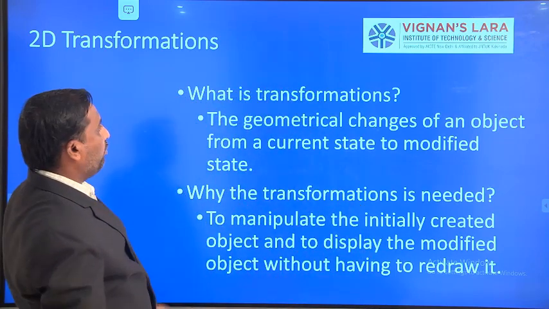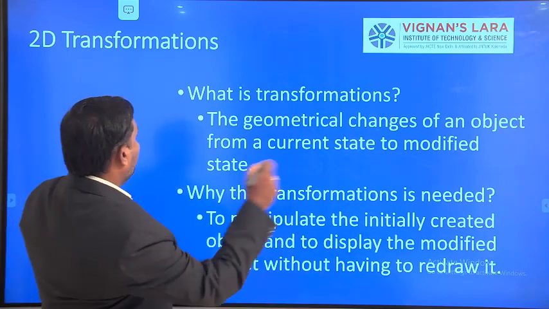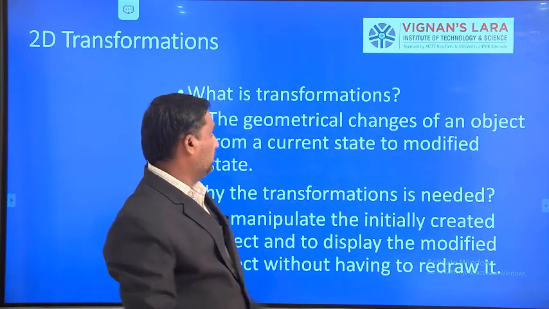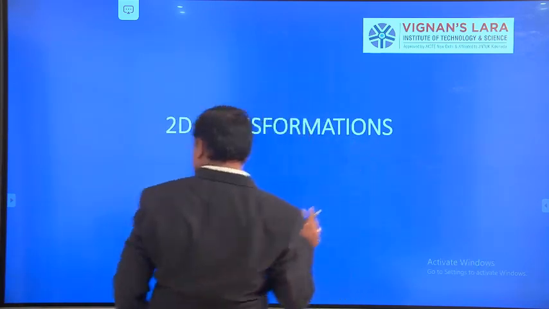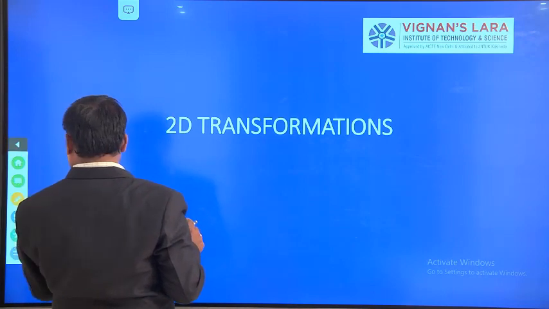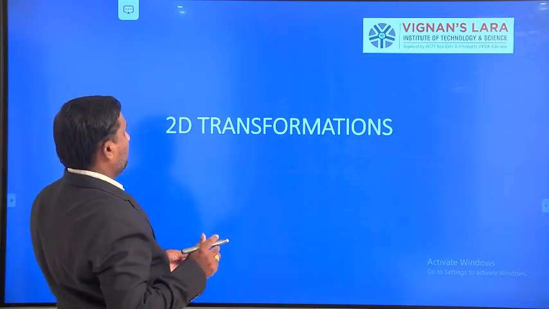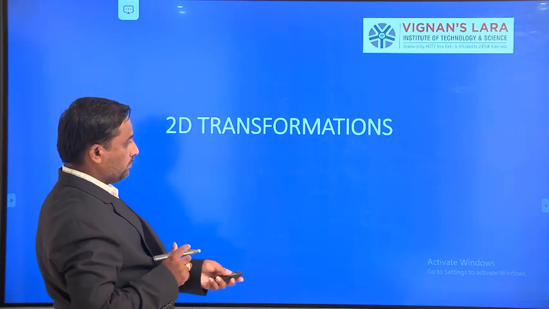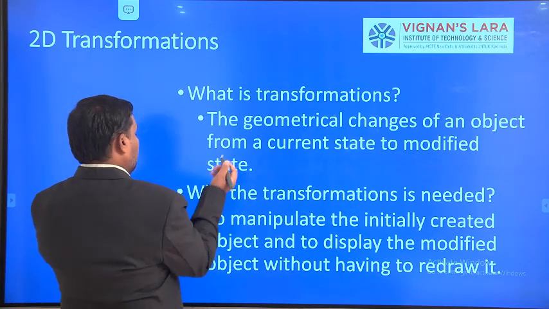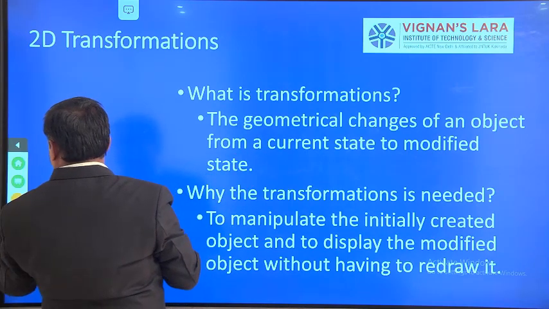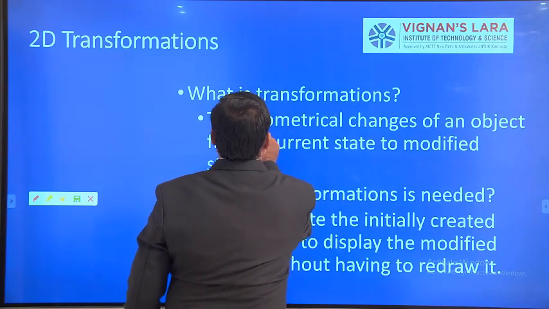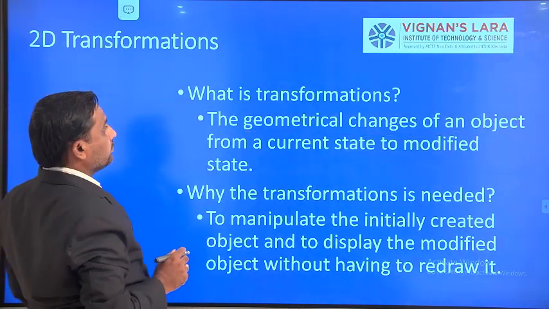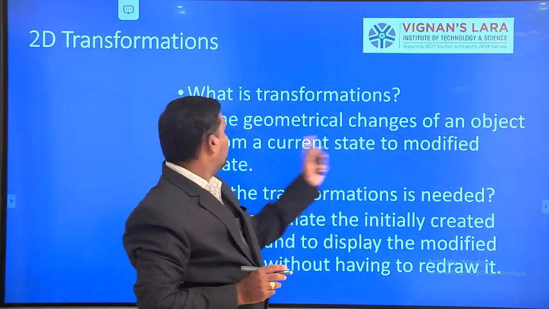First of all, we can go for the definition of the transformation. Here I have given one definition: the geometrical changes of an object from a current state to the modified state.